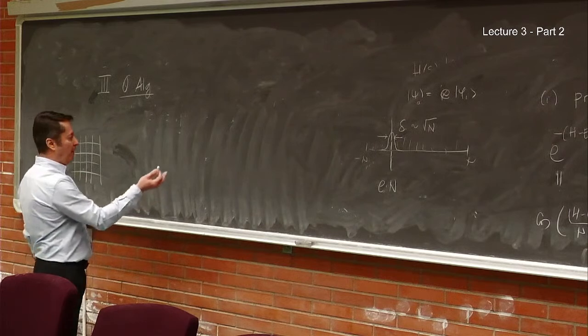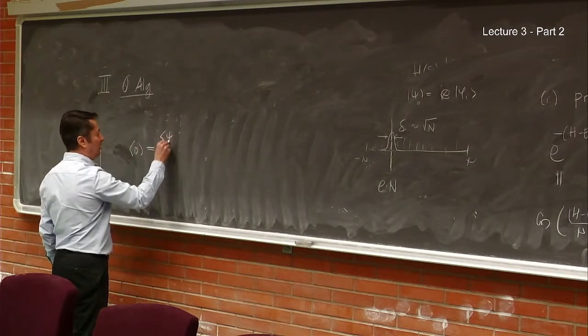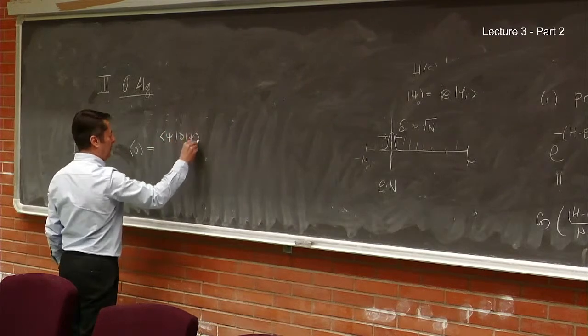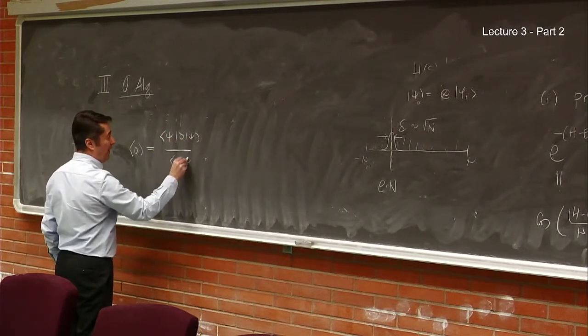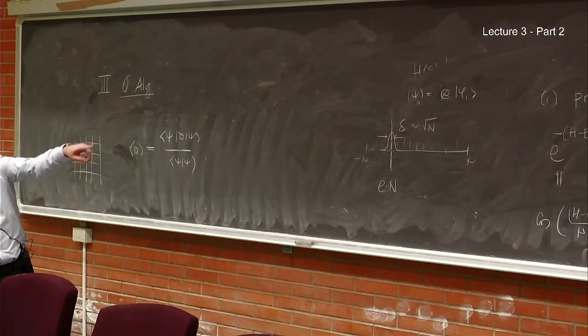For the expectation value of O, what you will have to compute is psi O psi divided by the norm, because the state is not normalized, so you have to normalize it. Now we can write it down with that formula.